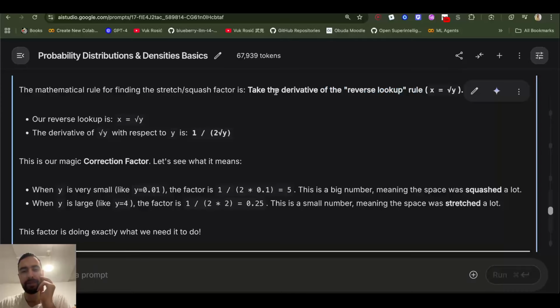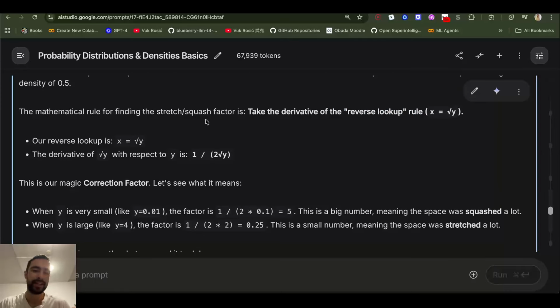Then we just use this mathematical trick that's kind of confusing right now. We'll see if we dive deeper into this, but take the derivative of the reverse lookup rule. So just take the derivative of the square root of y with respect to y. We're going to treat this as a black box right now. So the derivative of this would be 1 over 2 square roots of y.